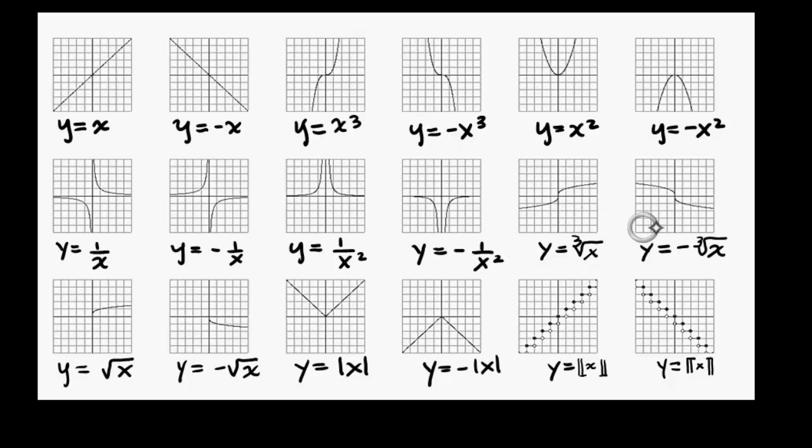As compared to when you have an odd root of x, then it's all real numbers because we can always take the odd root of a negative number. But here we cannot take the even root of a negative number. Okay, and then our famous absolute value of x, its negative counterpart, and here you have the greatest integer function and the least integer function.